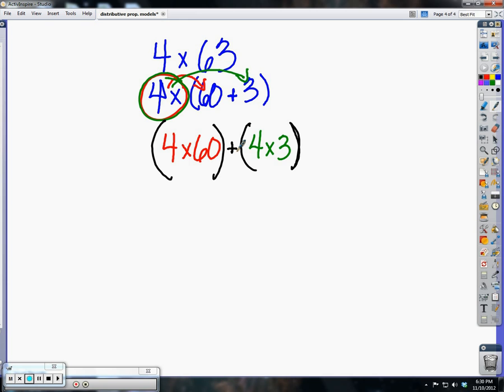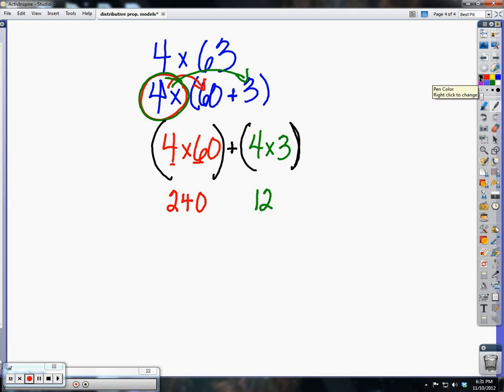And we add those two together. So we know in our order of operations that anything inside of parentheses, you work that out first. 4 times 6 is 24 with 1 0. So the product, 4 times 60 is 240. Then, in the other set of parentheses, 4 times 3 is 12.